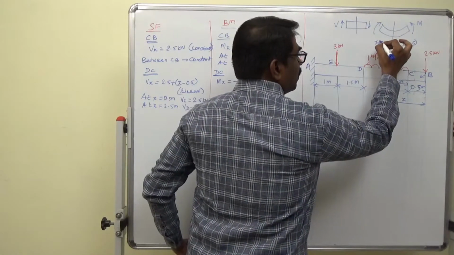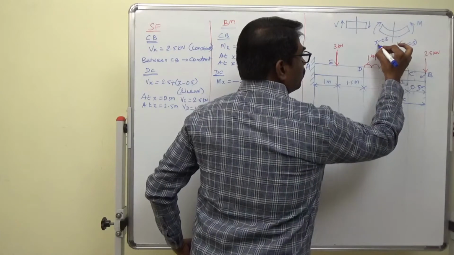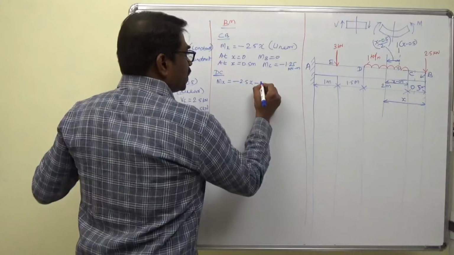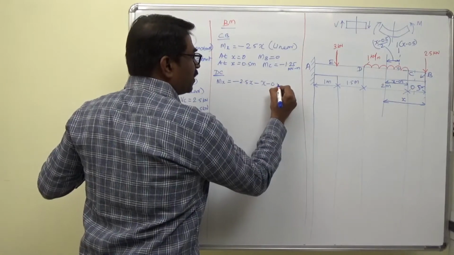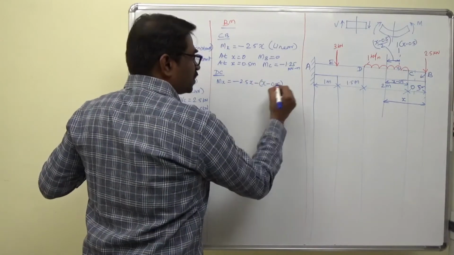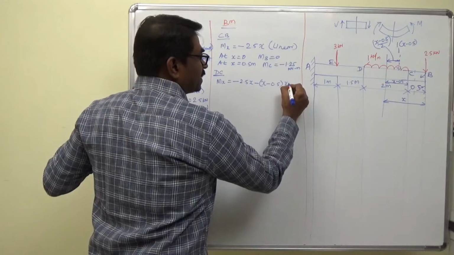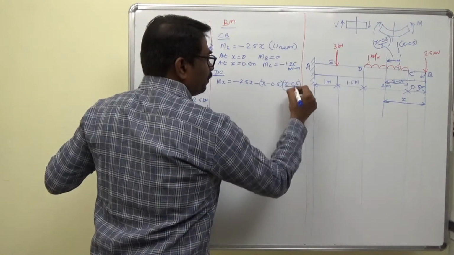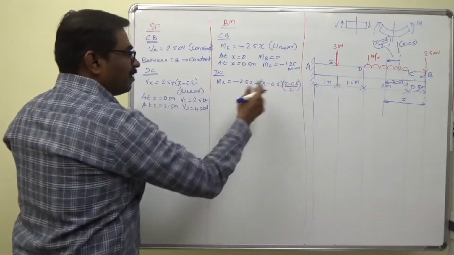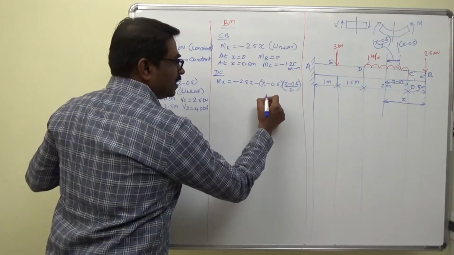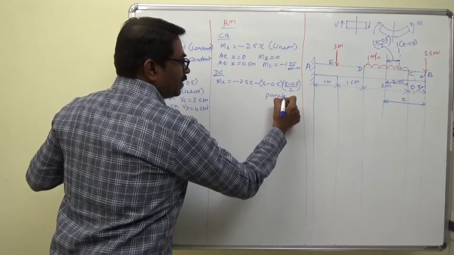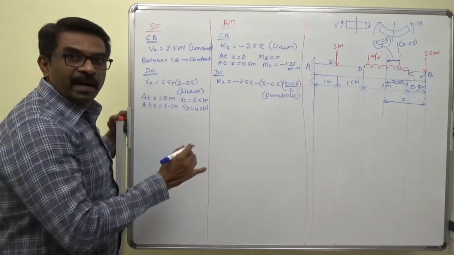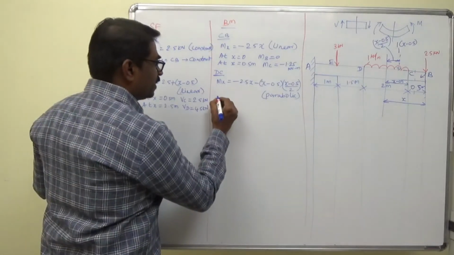So x minus 0.5 by 2 is the perpendicular distance. So x minus 0.5 is the force, and the perpendicular distance is x minus 0.5 by 2. You can multiply or keep it as such. Definitely it is going to be higher order, so it is parabolic.